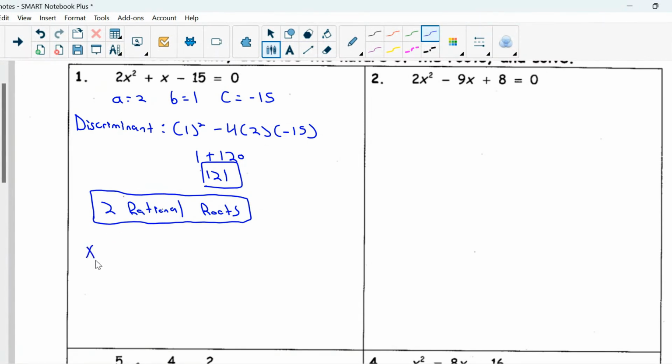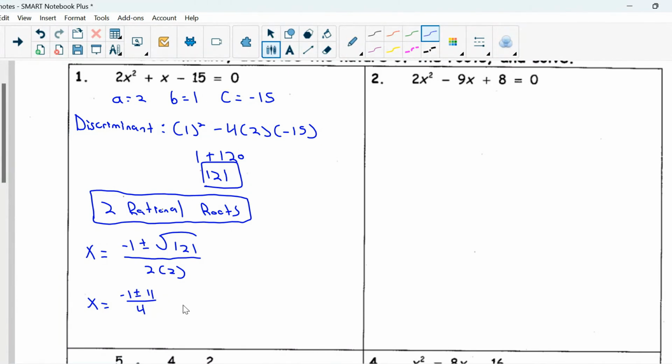So we've got x equals negative b, so negative 1, plus or minus the square root of b squared minus 4ac, which we already know right here is going to be 121. So we can just plug that in right away. All over 2a should be 2 times 2. So let's go ahead and simplify this. x equals negative 1 plus or minus 11 all over 4. So this is going to give us two separate cases. One case where we are adding 11 and one case where we are subtracting 11.